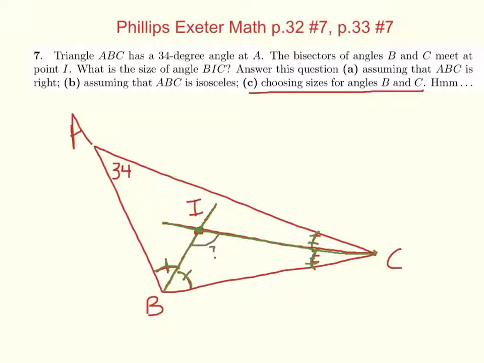Okay, so we want to figure out what angle I is. Does anybody remember what we did the first time we tried this problem? I think it has to do with putting some x's in there. Okay, so let's look at angle B. Let's call this whole angle B, and this is what we just did a second ago. Let's call that x.